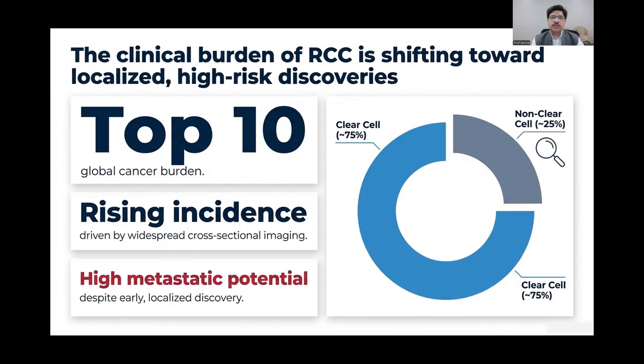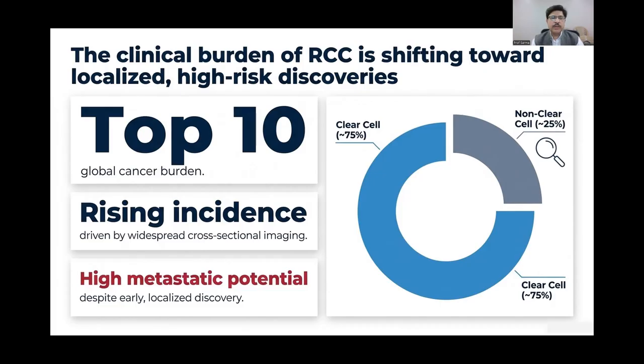We have to associate it with molecular genetics. There is a rising incidence. Why? There is widespread cross-sectional imaging. What is cross-sectional imaging? For some other disease, patients would have come, you do an ultrasound, you do a CT abdomen, and you find there is a renal mass. This is what is called opportunistic screening.